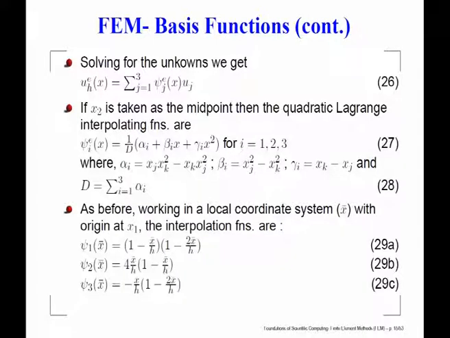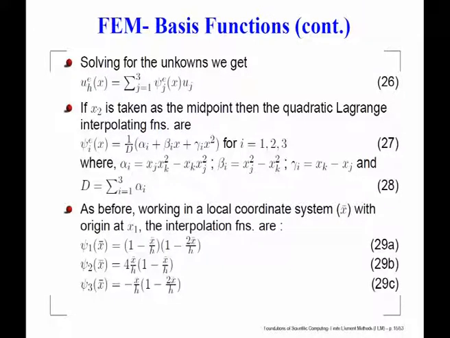You would get now 3 functions, right? For the linear interpolation, we had 2 functions because we had 2 unknowns C1 and C2. Here we will have 3 such functions. So, we have psi1, psi2 and psi3, and they are written there in terms of this quadratic expression for each value of i, 1 and 2.